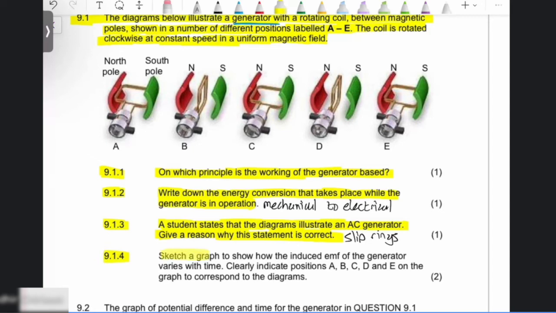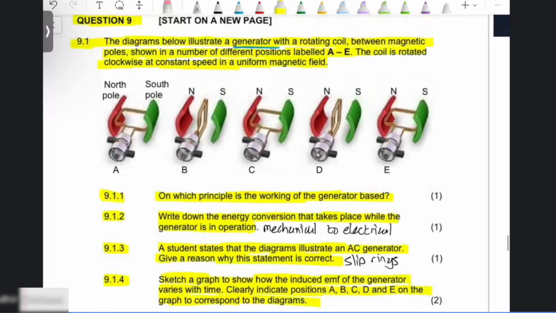9.1.4, sketch the graph to show how the induced EMF of the generator varies with time. Clearly indicate positions A, B, C, and D on the graph to correspond on the diagram. Now guys, please note that when the coil is flat like this, then what you need to know is that it's going to be at its maximum.